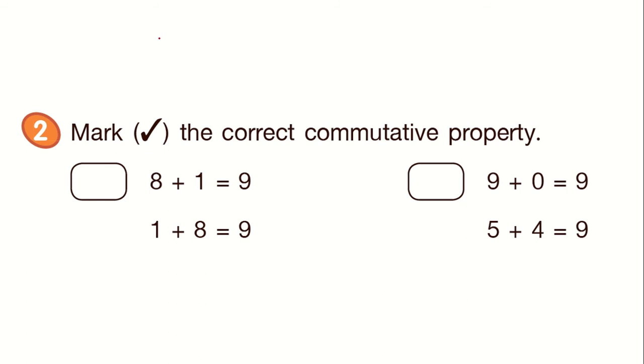For instance, if I have 5 plus 2 is equal to 7, and also I can have 2 plus 5 to get 7. You see? So this is what we call the commutative property.